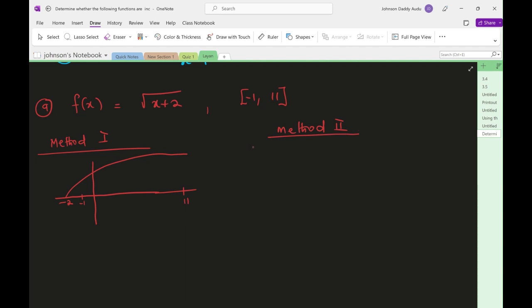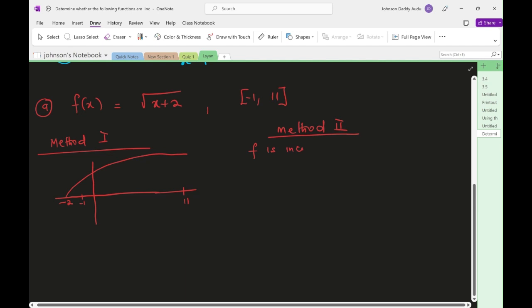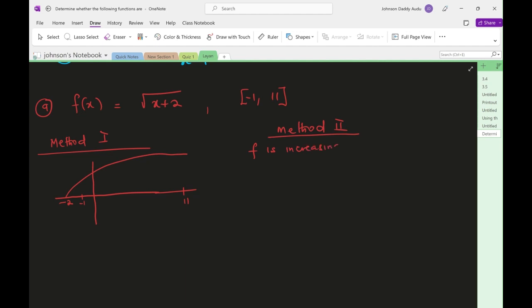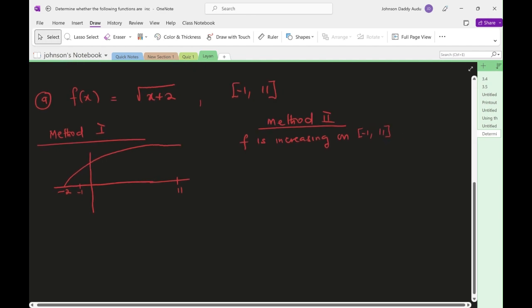The second method is to use the definition. We say f is increasing on an interval. Our interval is -1 to 11. When is this true?